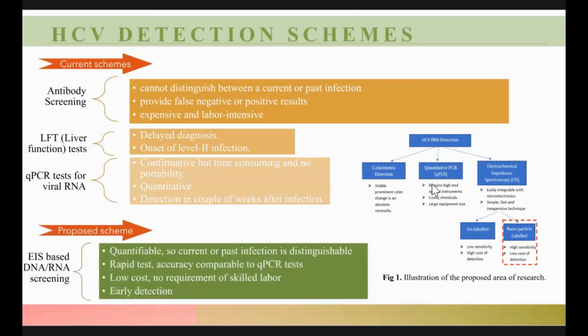So having said that, we have decided to develop something based on electrochemical impedance spectroscopy. So it would be a rapid test. It should be able to give accurate results while maintaining the sensitivity. At the same time, the cost associated should be low. And then early detection is of course the prior thing for any rapid tests.